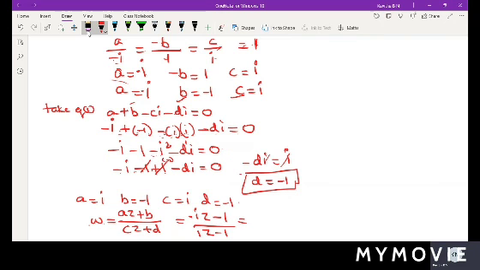Take down minus common. What will happen here? 1 plus zi divided by, here also take down minus common, 1 minus zi. Then minus minus get cancelled, 1 plus zi divided by 1 minus zi. This is the required bilinear transformation.